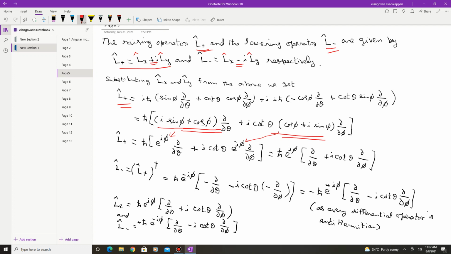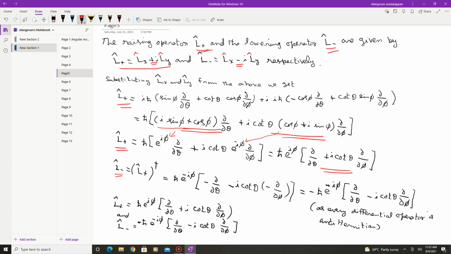If you further simplify, you can take e power i phi out of the bracket as a common factor. So h cross e power i phi into d by d theta plus i cot theta d by d phi. So this is L plus, the expression that we need.